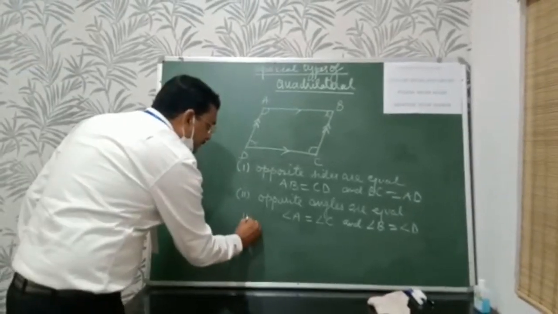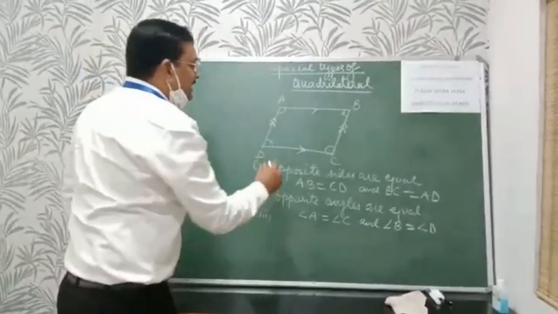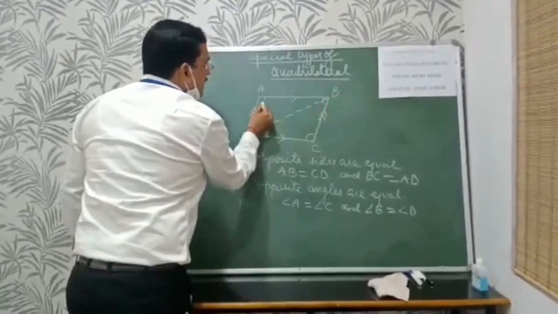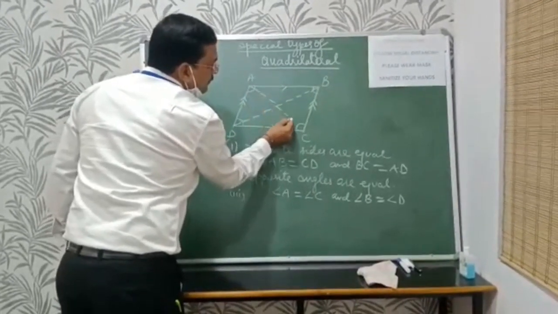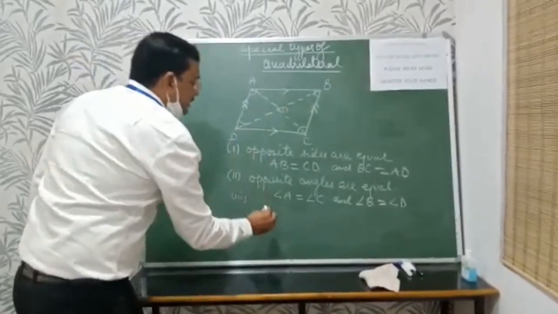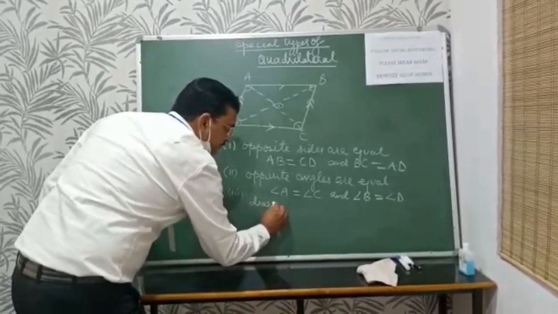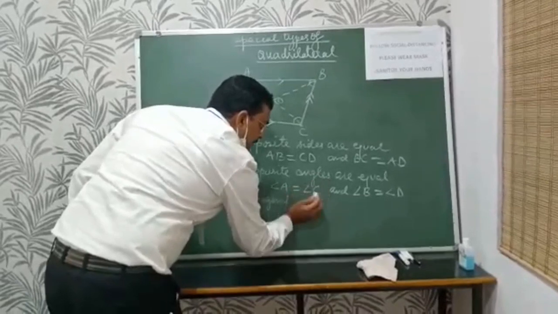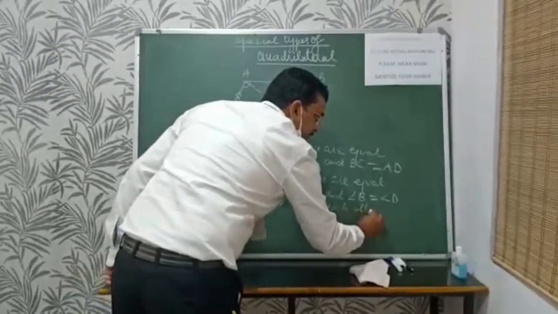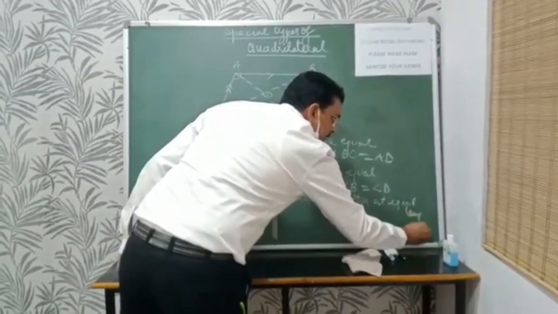Third, the diagonals bisect each other. These are the two diagonals of the parallelogram, which meet at O. It means the diagonals bisect each other at equal length.